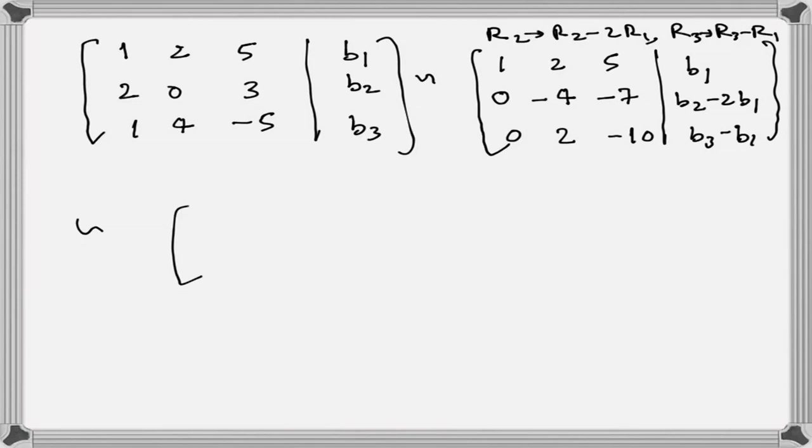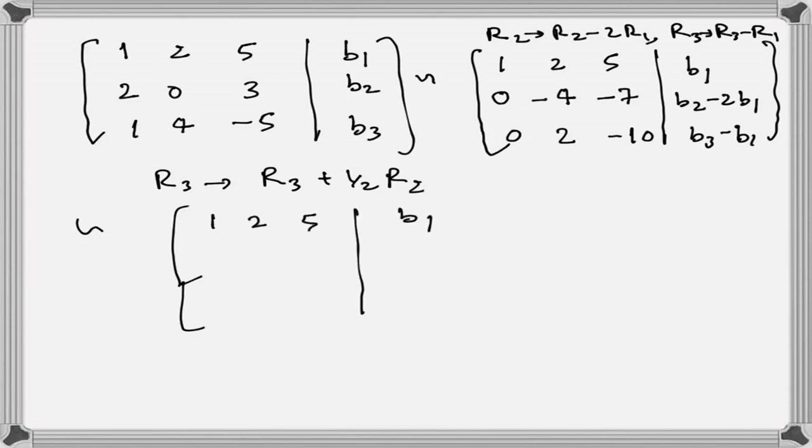Here we will use the operation r3 plus 1 by 2 r1, and then we get 1, 2, 5, b1; 0, minus 4, minus 7, b2 minus 2b1; and 0, this is 0. Then minus 10 minus 7 by 2 is minus 27 by 2.